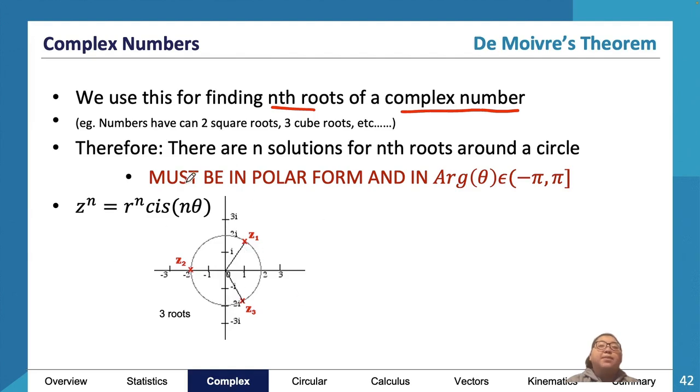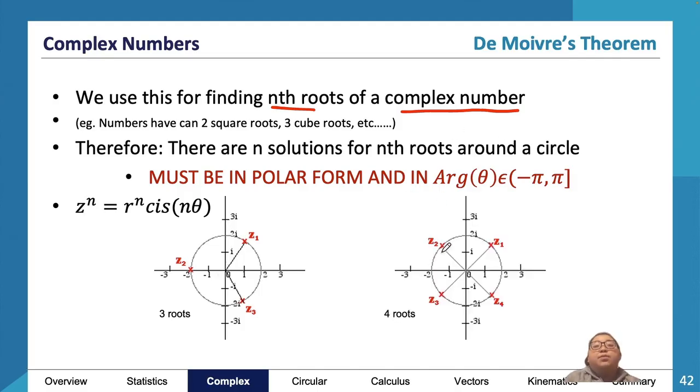But just keep in mind that it might not always look like it's on the same axis, but it will always be evenly distributed. So if it has 3 solutions, they will always be separated by 2 pi over 3, and that's a key thing about them.